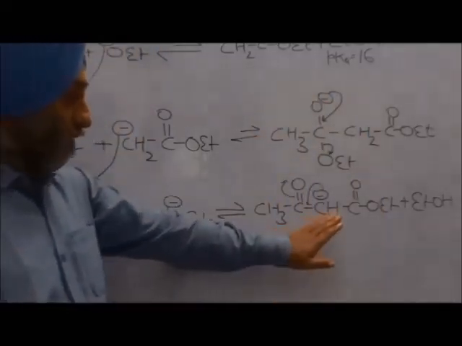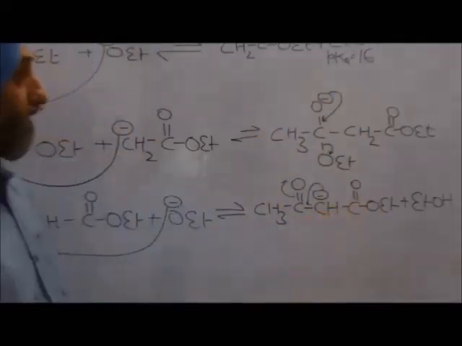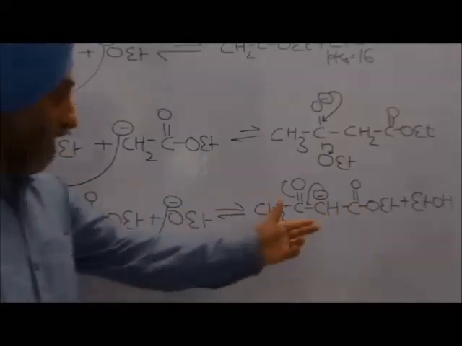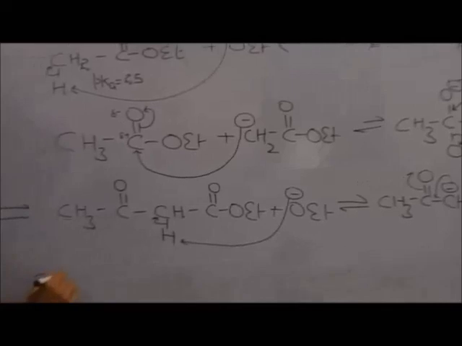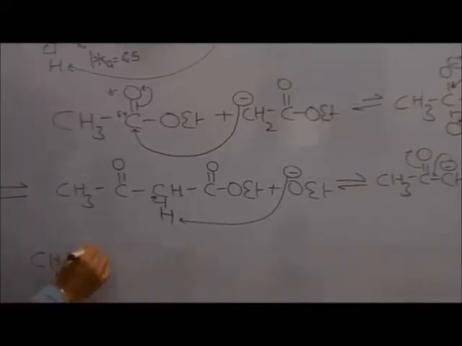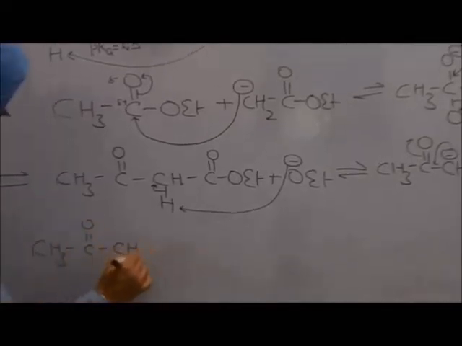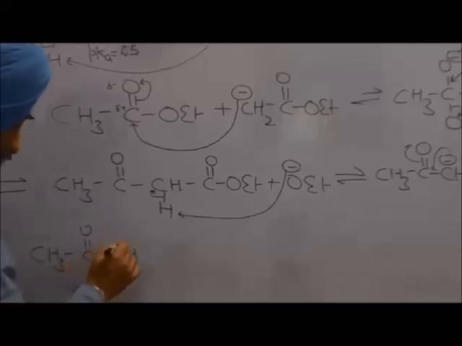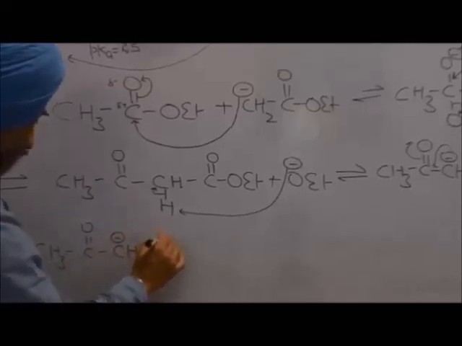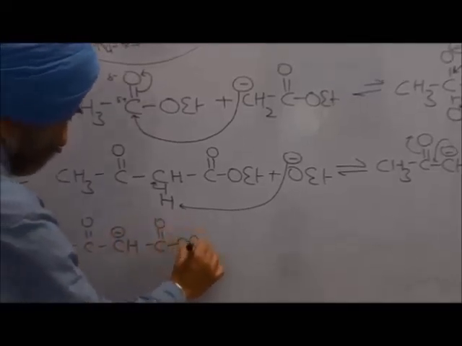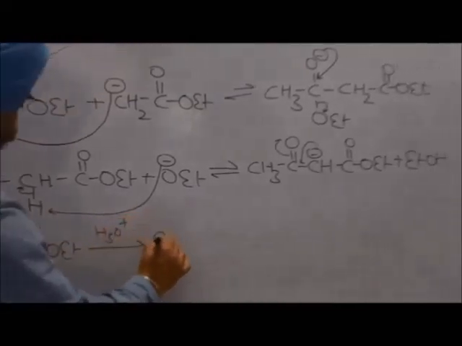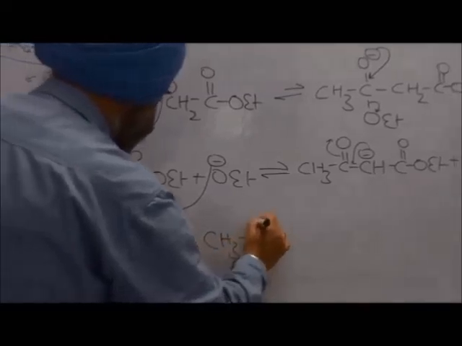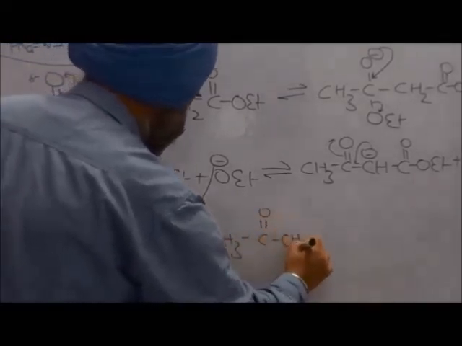So this is a stabilized enolate ion. So what we do finally to get ethyl acetoacetate, the next step is we acidify the product, giving us ethyl acetoacetate.